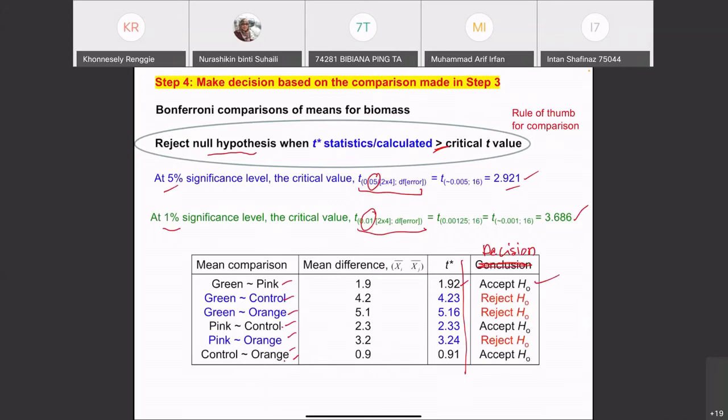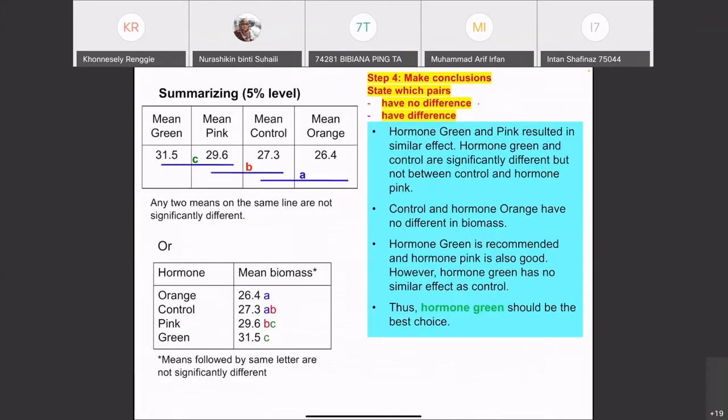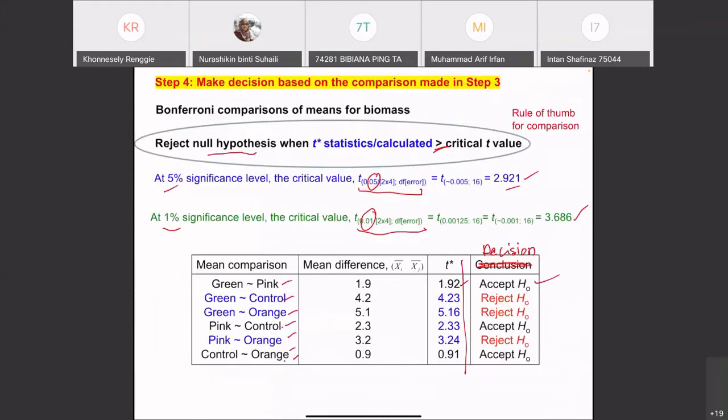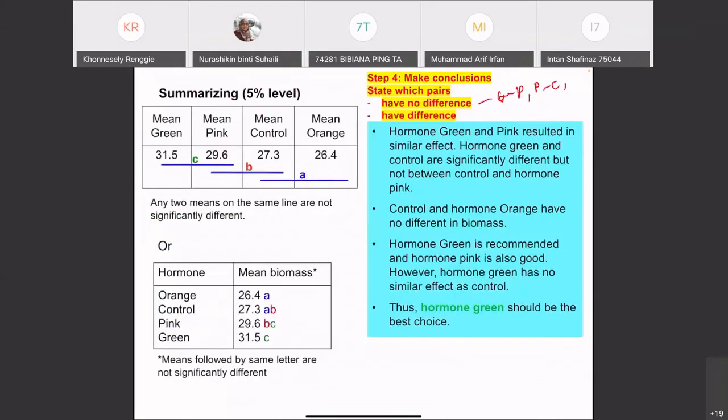So it means green pink, pink control, and control orange. Here you just put the initials.